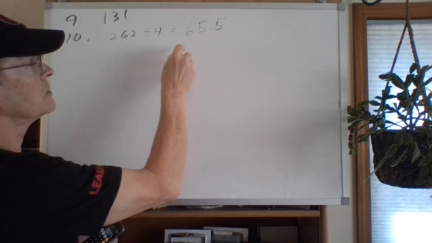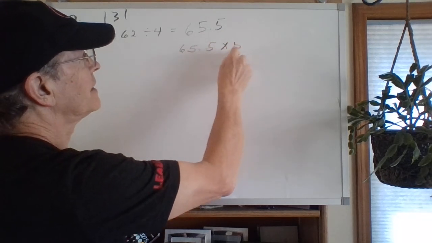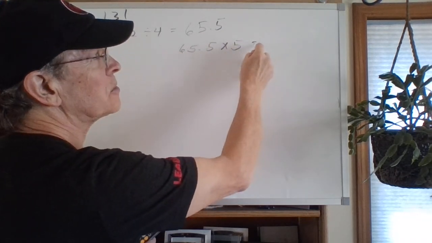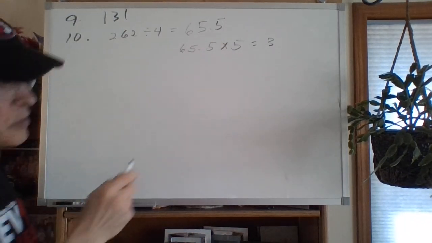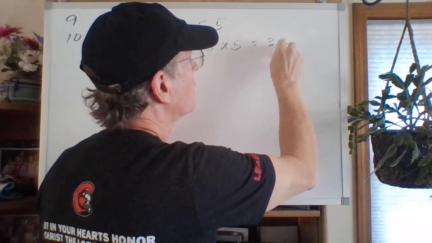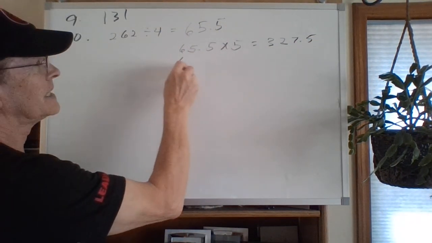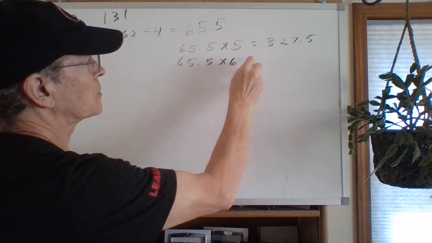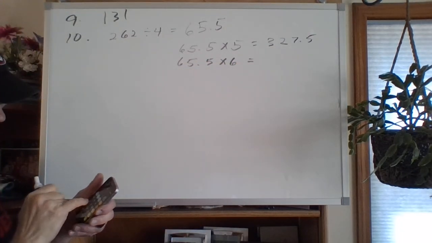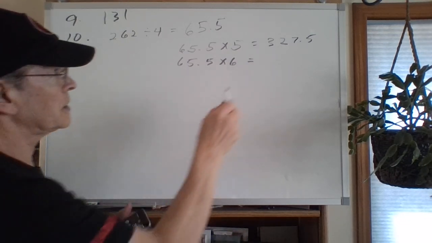If you multiply 65.5 times 5, you get the next note in the major chord, 327.5. And if you multiply it times 6, you get the next note in the major chord. 65.5 times 6, 393.